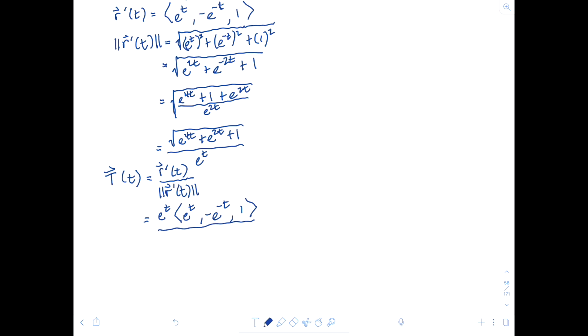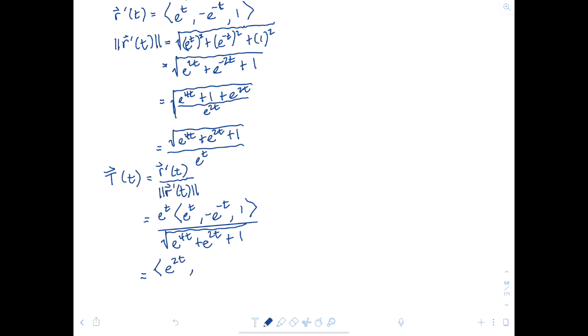And in the denominator, I would have my square root of e to the 4t plus e to the 2t plus 1, which would give me, simplify it, you know what, I'll bring that e to the t in, so we'll have e to the 2t, right?